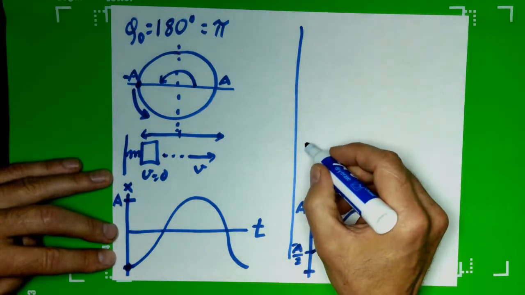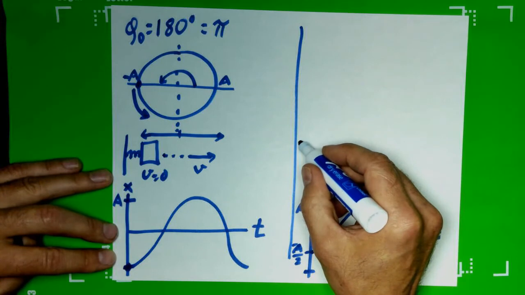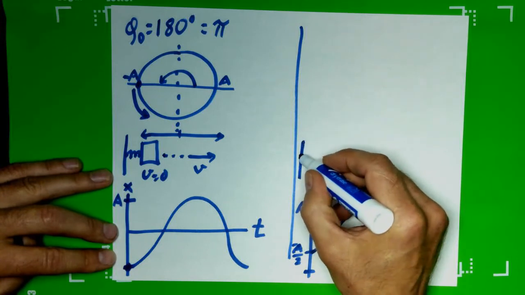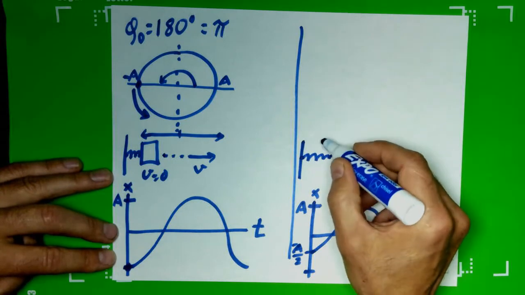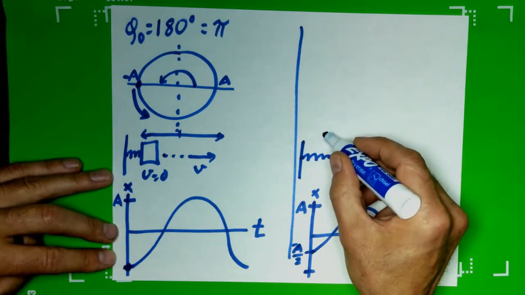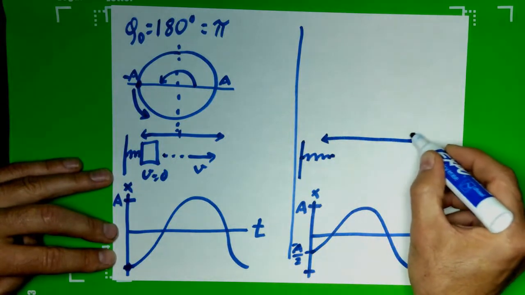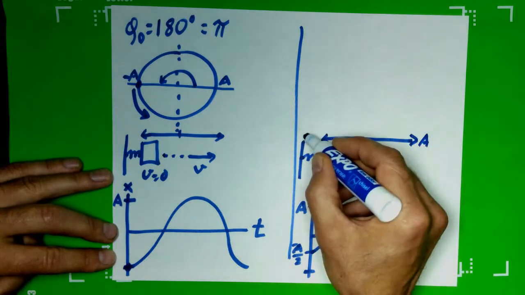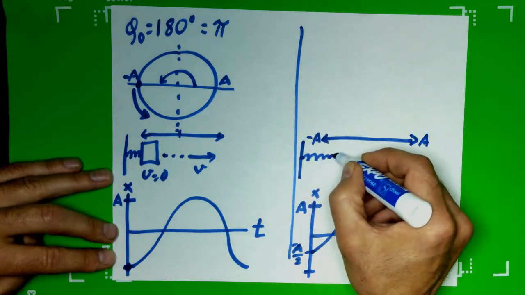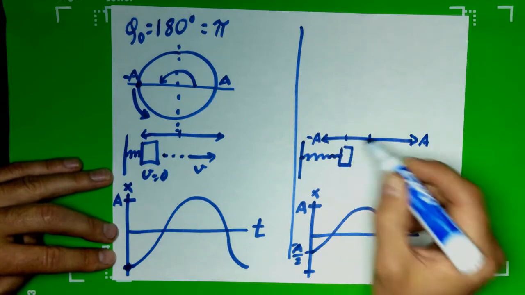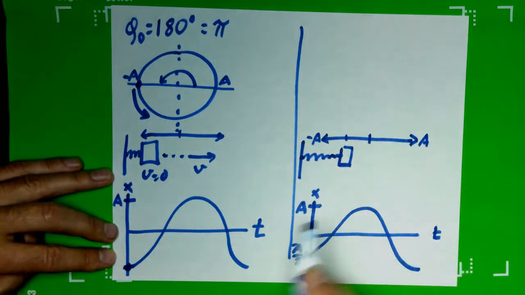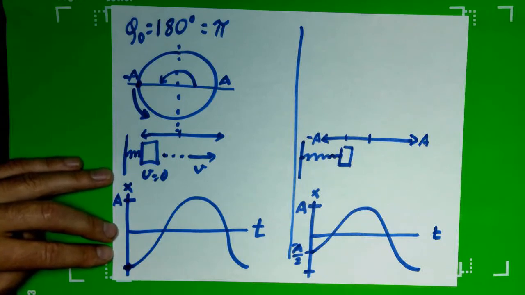So if we draw the physical graph here, okay, so if our negative amplitude is all the way to here, and the positive amplitude is all the way to here, here's our 0, we're about halfway. So here's our block. What direction is it moving based on this graph?